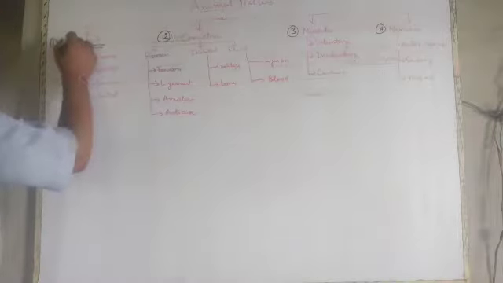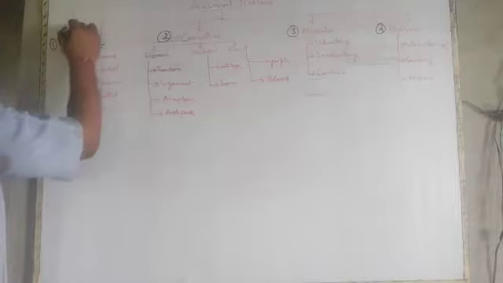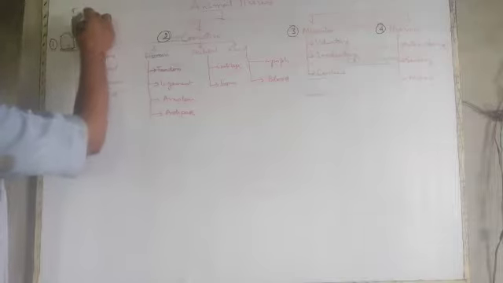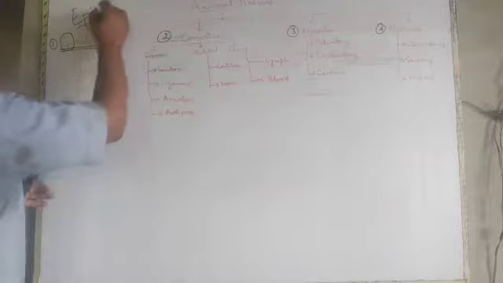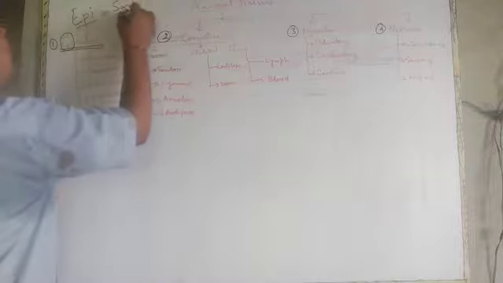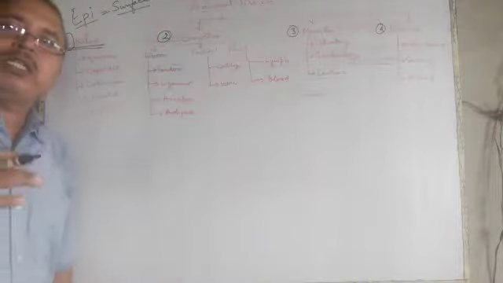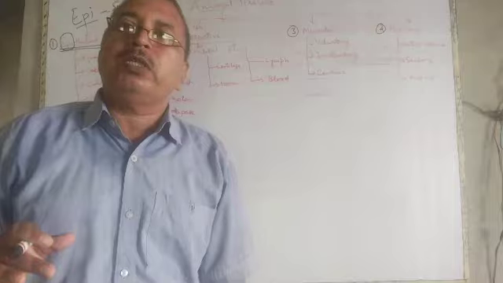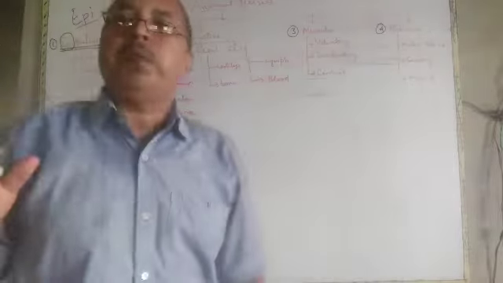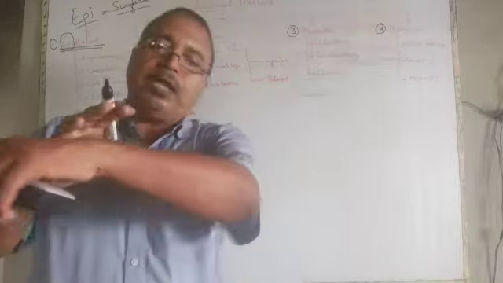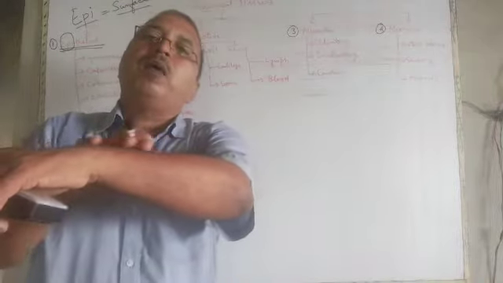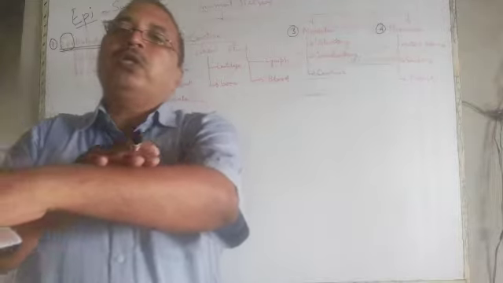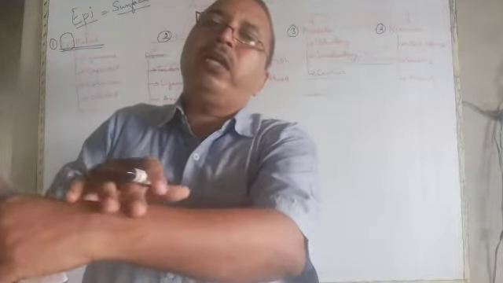So what is epithelial? As you see the name epithelial, the first three letters make the word E-P-I. Epi meaning surface. So all the tissues that are located or found on the surface of any body part. Suppose I touch the surface of my lower arm. Now I'm moving my fingers on the surface of my lower arm.